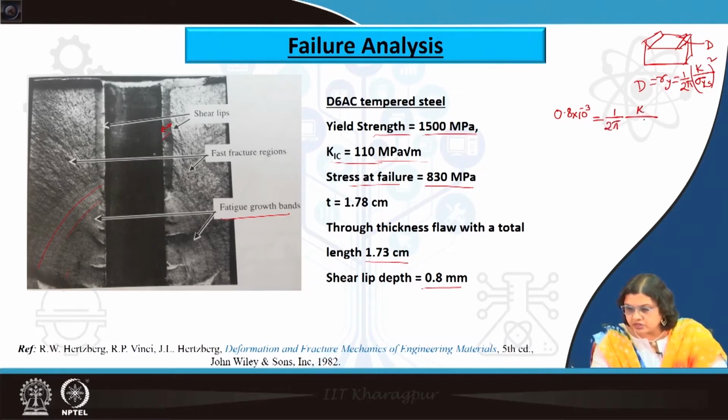So, the yield strength of the material is already known as 1500 MPa or 1.5 GPa.